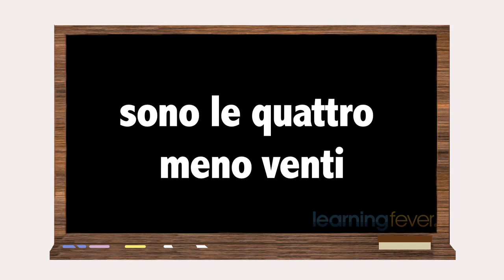A further, more complex way to tell the time is as follows. When minutes are 40 or more, you can say sono le quattro meno venti, which means it's 20 to 4. It literally sounds like they are 4 minus 20.